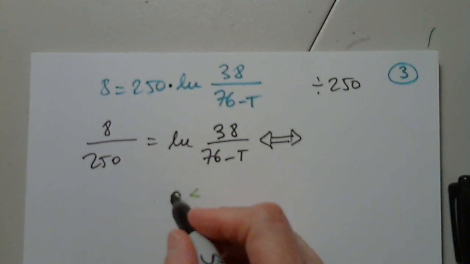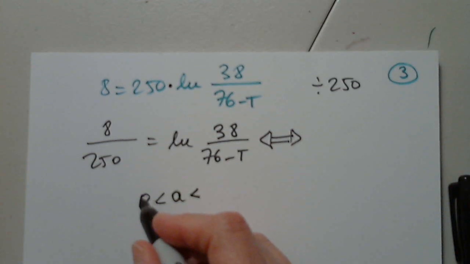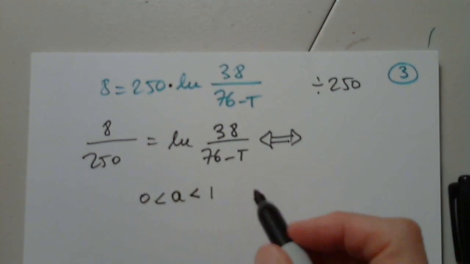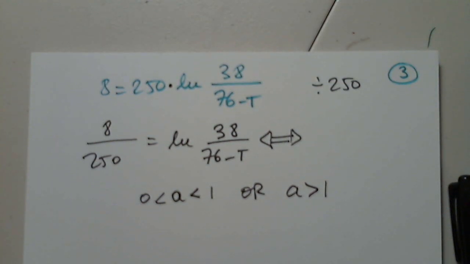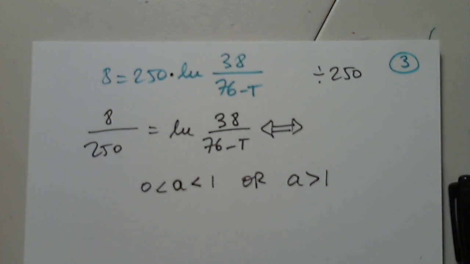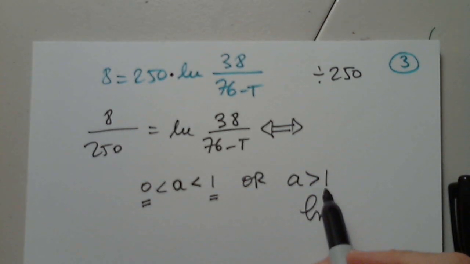The base can be only between 0 and 1, not 0, not 1, or greater than 1. Can anyone tell us what is the base of natural log, please? There is no base of 1, no base of 0. It can only be positive. It cannot be negative.